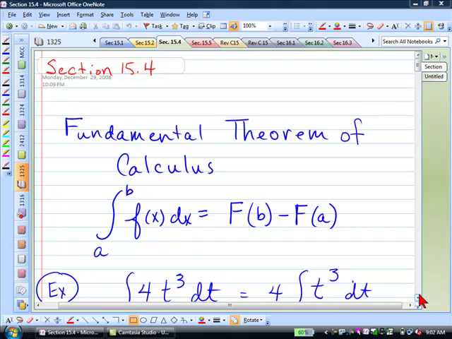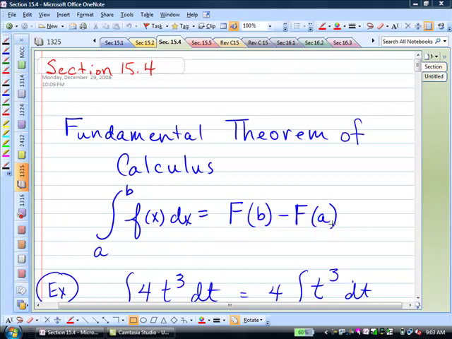All right, fundamental theorem of calculus, really, really important. Suddenly, we don't have a plain integral. We have an integral with limits. It has a lower limit and an upper limit. And the integral from a to b of f of x dx is the integral evaluated at b minus the integral evaluated at a.